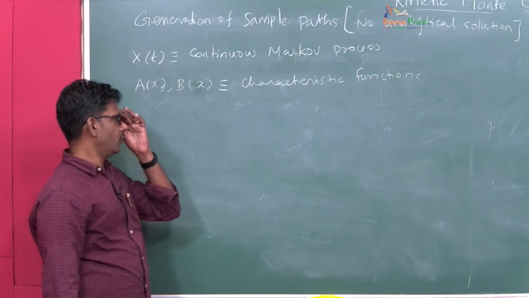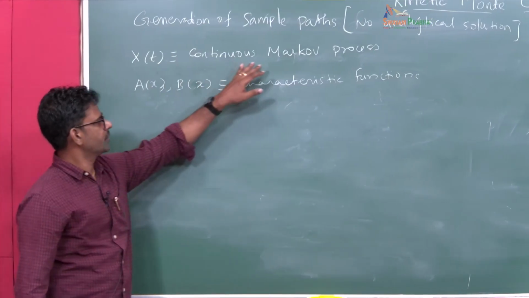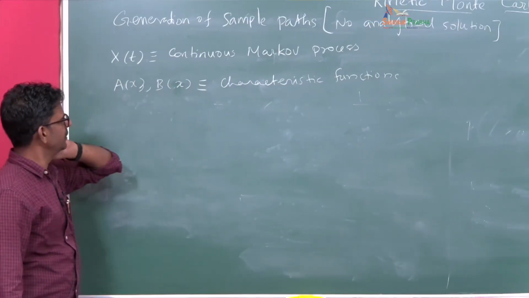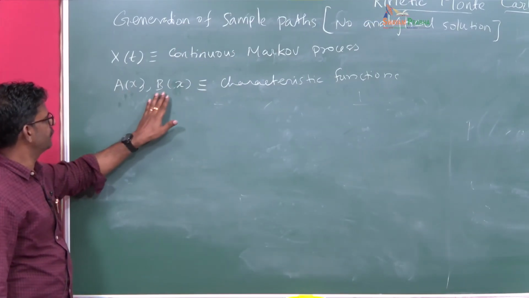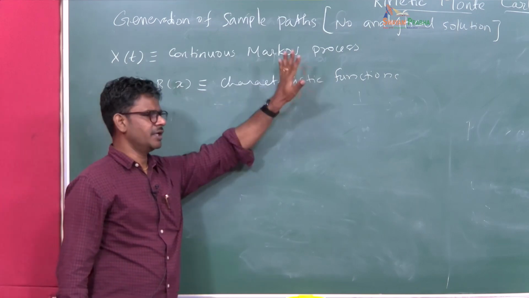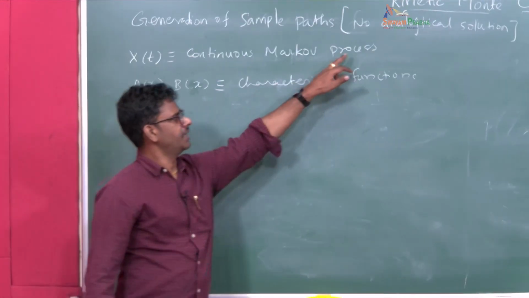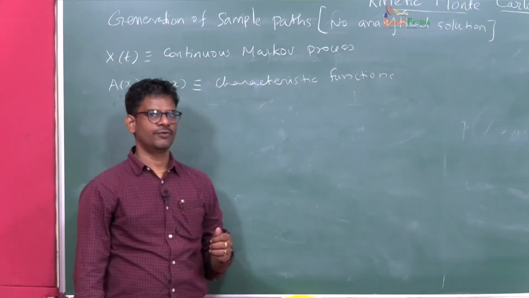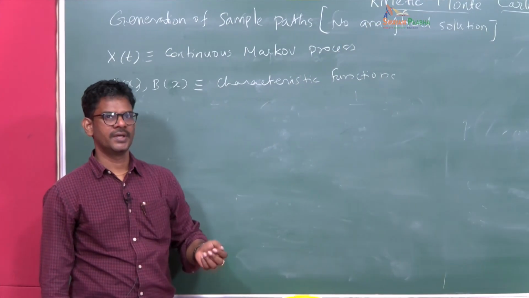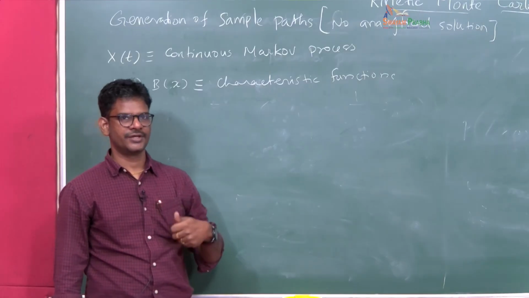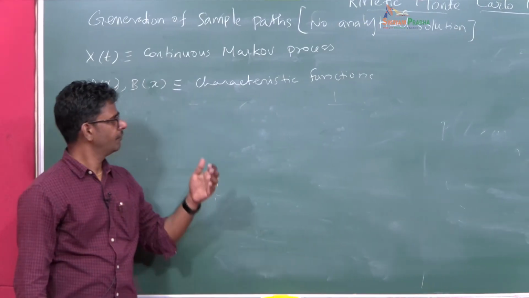So, if you have, let us say, a continuous Markov process x of t and the characteristic functions a of x and b of x. Right now, for this case, I do not have the analytical solution. So, if you want to study the properties of the system, what we try to do is create trajectories and sample paths for this process.